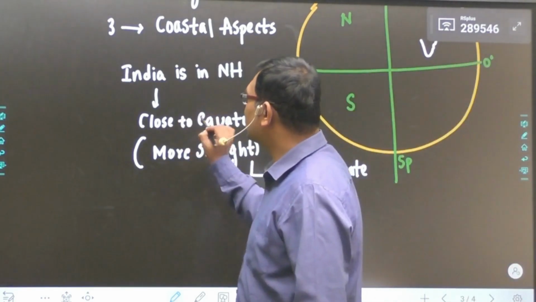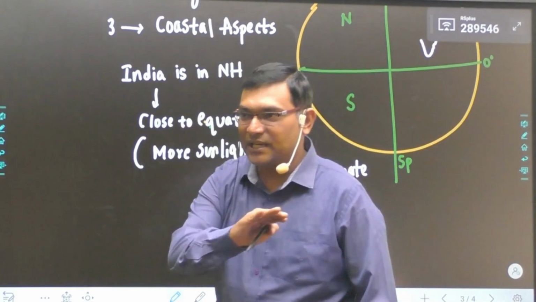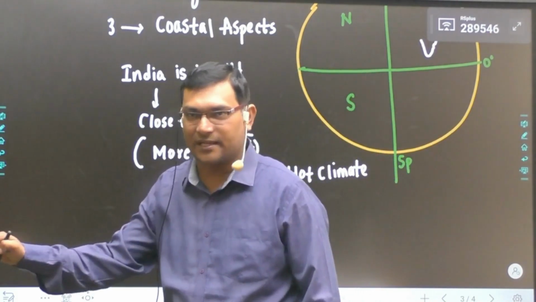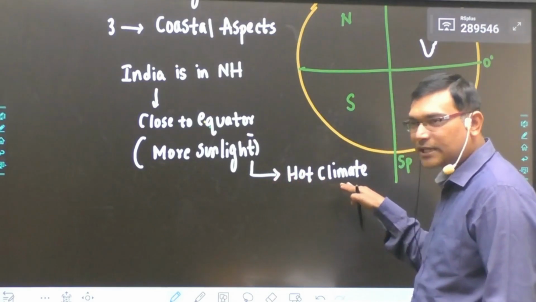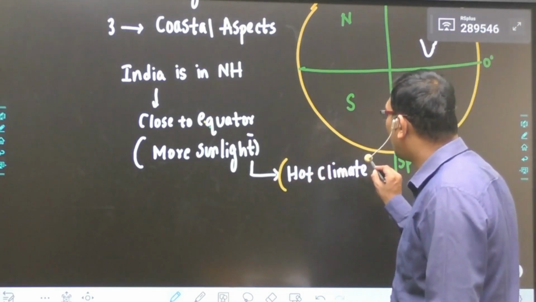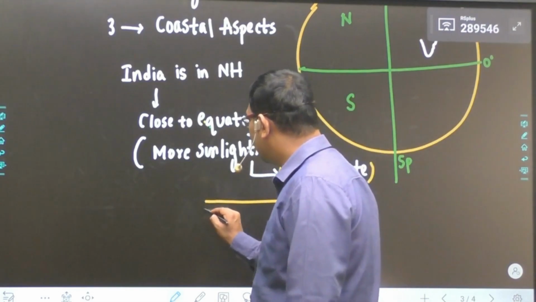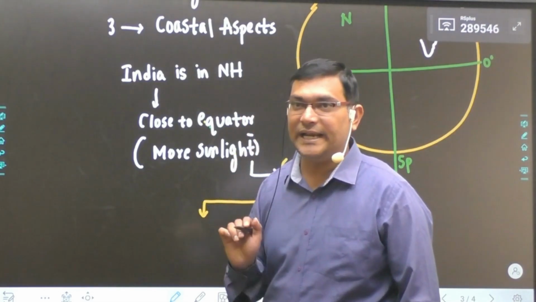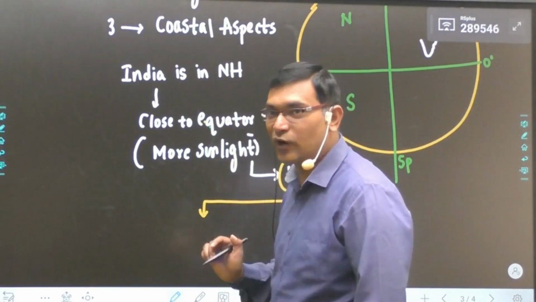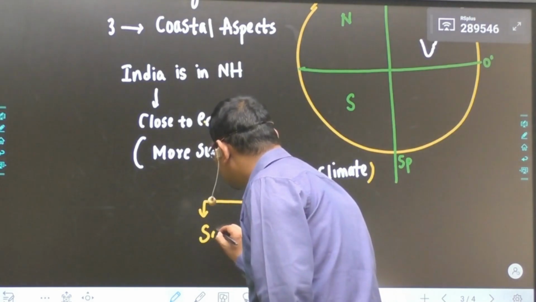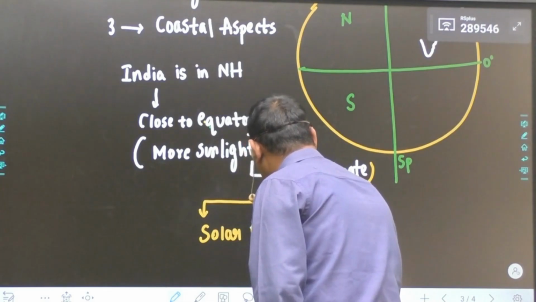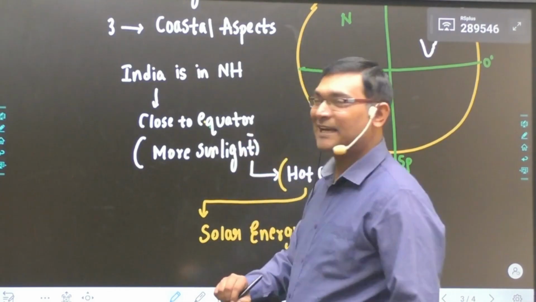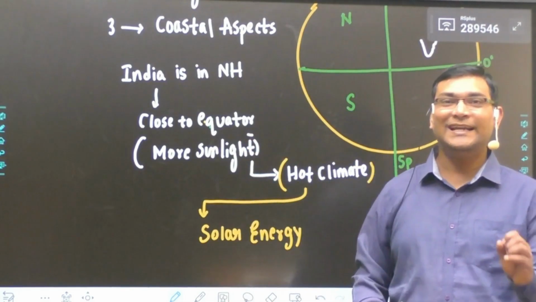India is close to the equator, India is in the north hemisphere, more sunlight, hot climate. Now, if it is hot climate, can I say India is suitable for energy? Yes or no? India is suitable for energy.